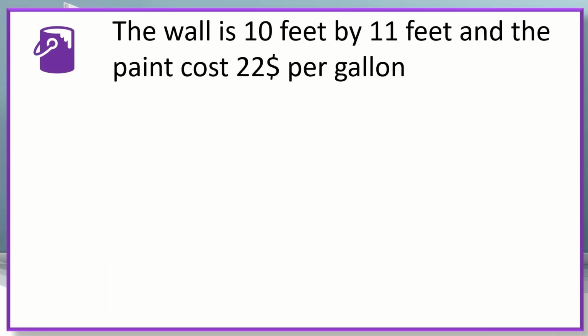What I might actually be after, though, is how much it's going to cost to do this project. We can use some of the unit conversion stuff we've been learning about. So in this case, the paint I'm after costs $22 per gallon. And I want to go from the wall I'm staring at to the cost. So I'm going to use unit conversion to go on this journey from the wall to the cost.